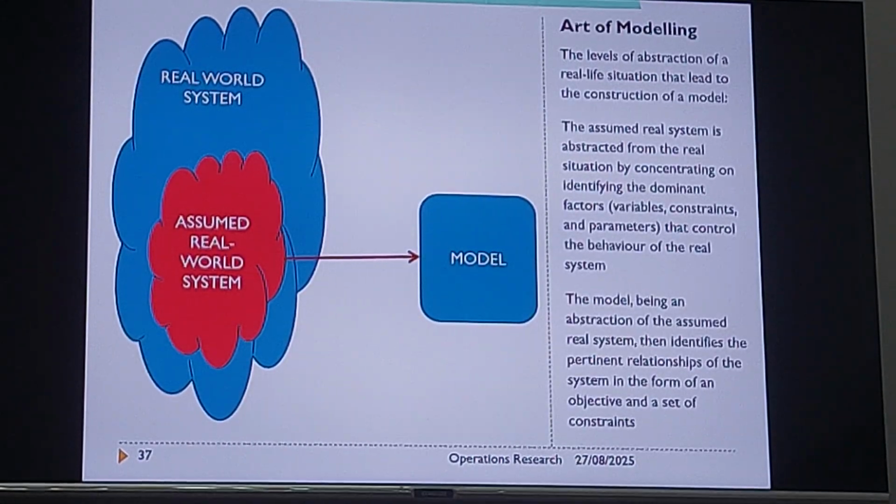And the model. The real world is big, but you can find the red part, which is the assumed one, to use for the model, because if it's too complex, the model will also be too complex, and you will have a hard time finding the solution. So you use part of the real-world system to make the model.